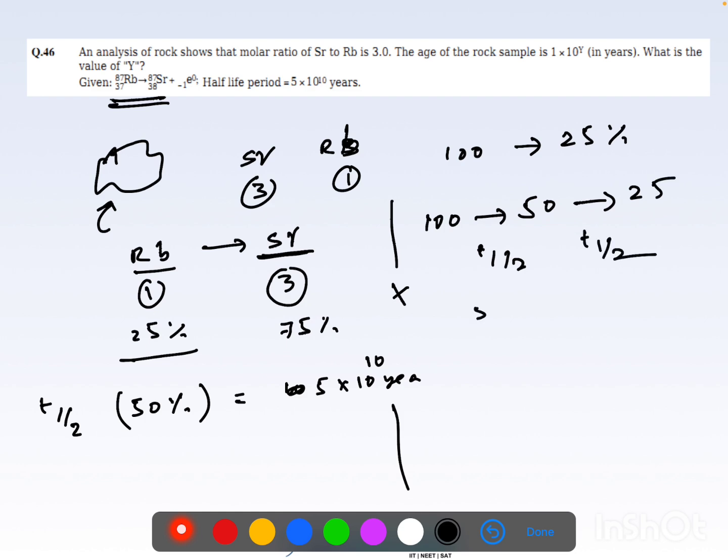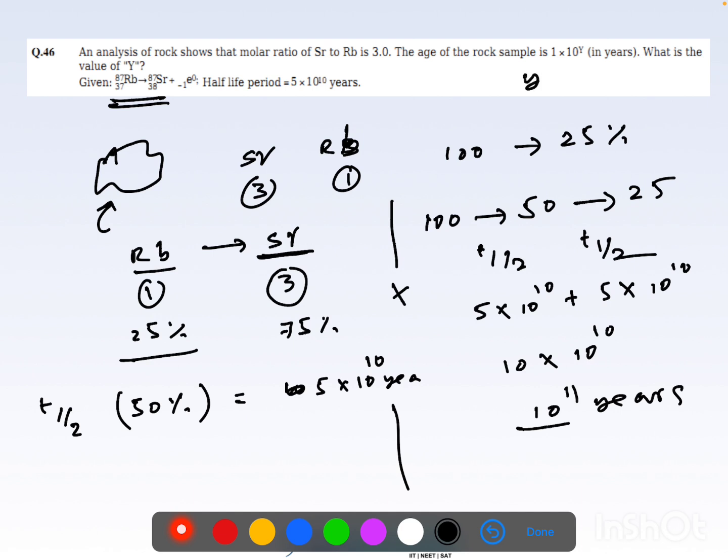So this is 5 into 10 to the power 10 plus 5 into 10 to the power 10, so this is 10 into 10 to the power 10. So 10 to the power 11 years it will take for rubidium to disintegrate to 25% final concentration. So answer will be 10 to the power 11 years, so Y will be 11.